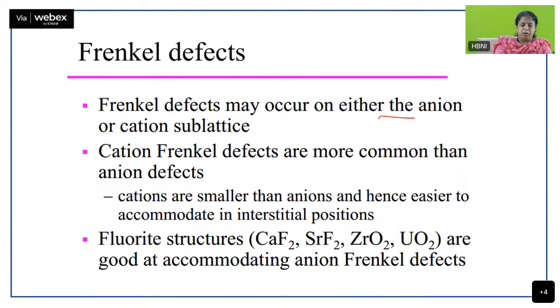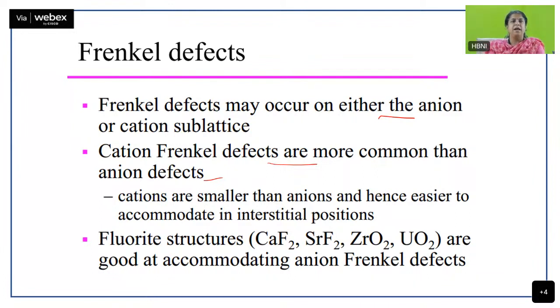Okay. Now, cation Frenkel defects are more common, very simple, because cations are generally smaller and interstices are smaller than the ions forming the closed packing. That is why it is easier for the cation to go into the interstices.